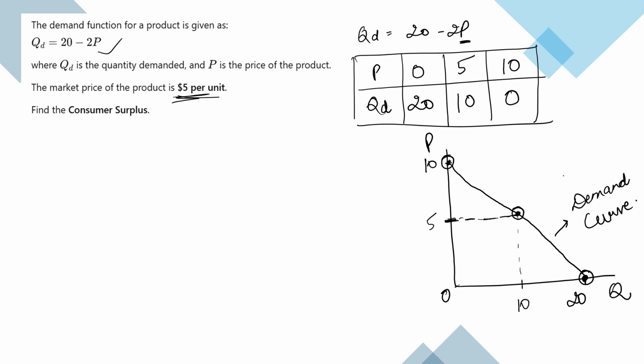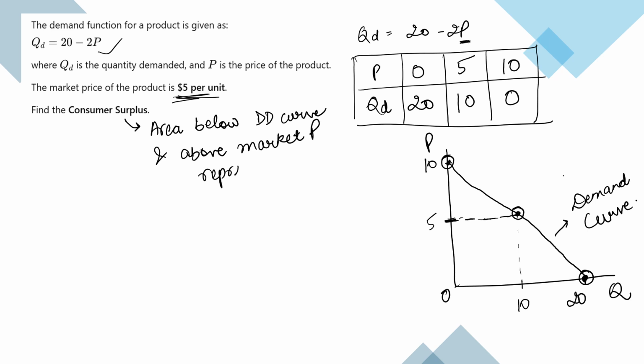If you don't understand this concept till now, you can remember: the area below the demand curve and above the market price represents consumer surplus. In this case, the area below the demand curve and above the market price of 5, this triangle, would be our consumer surplus.